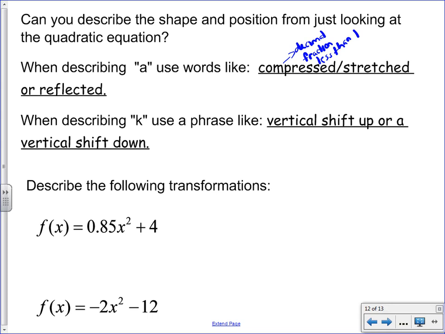So if it's 0.5, 0.75, but if you had 1.5, that's greater than 1. We say it's stretched if it's greater than 1. We say it's reflected when it's negative.